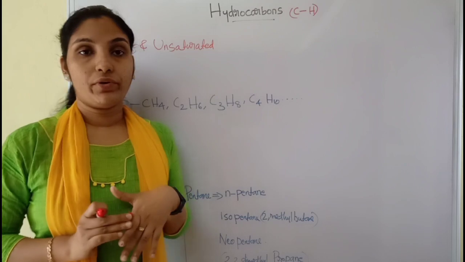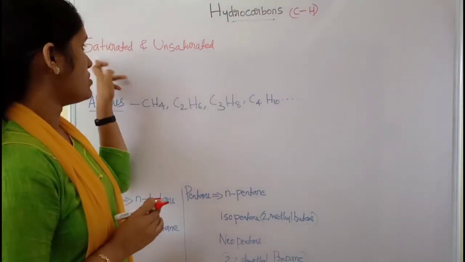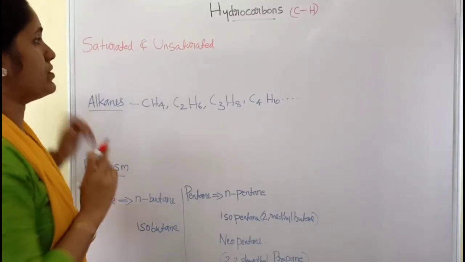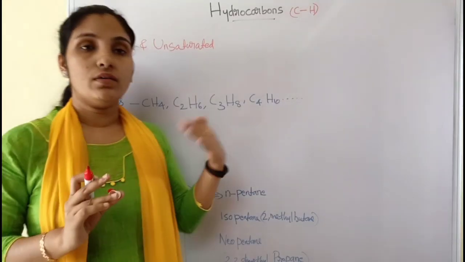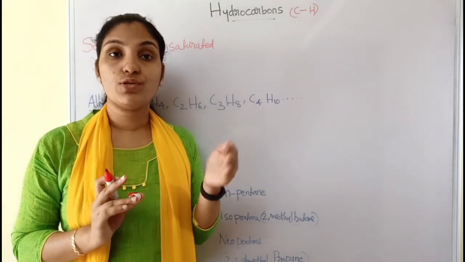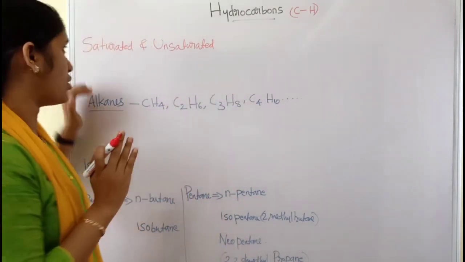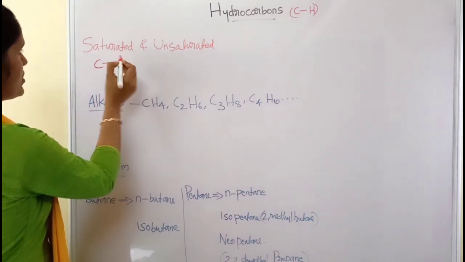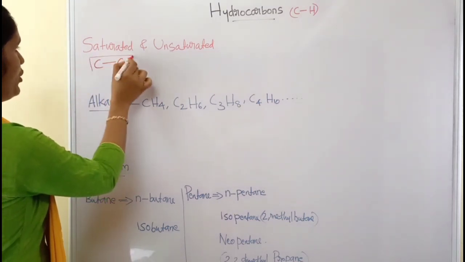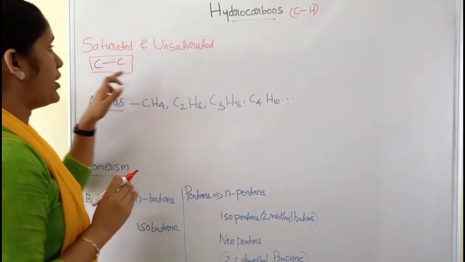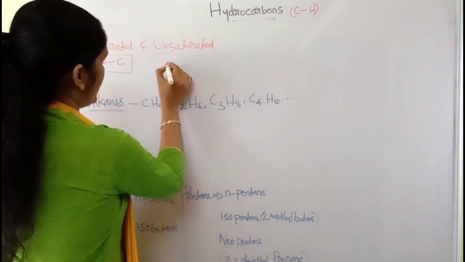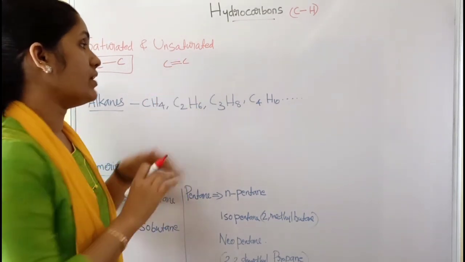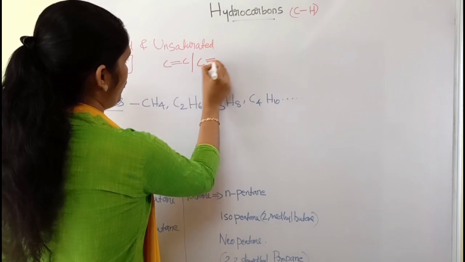Mainly, hydrocarbons are divided into two sections, saturated and unsaturated hydrocarbons. Saturated hydrocarbon means the hydrocarbon where carbon and carbon are connected with a single bond. And unsaturated hydrocarbon means two carbon atoms are connected by either a double bond or a triple bond.